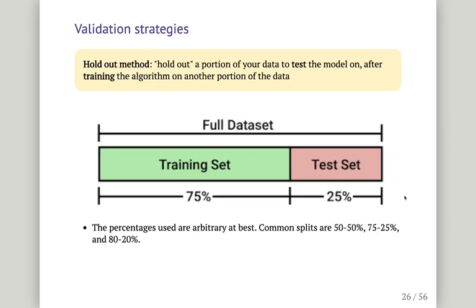There's two common ones that are used and that you've likely encountered before. The first is the holdout method. In the holdout method, we keep back or remove a portion of our data to test the model on.